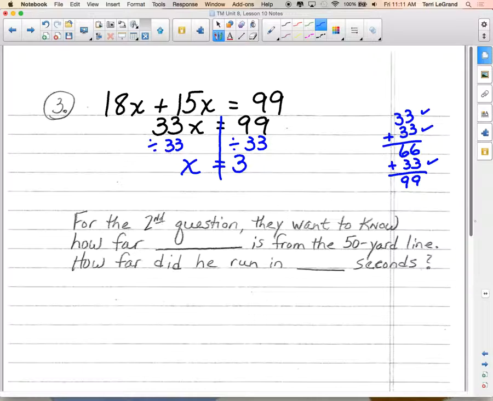What does x equal? 3, and those are seconds, you say, okay? Then you're ready to go write the first sentence answer. Go write your first sentence answer back on the problem page.